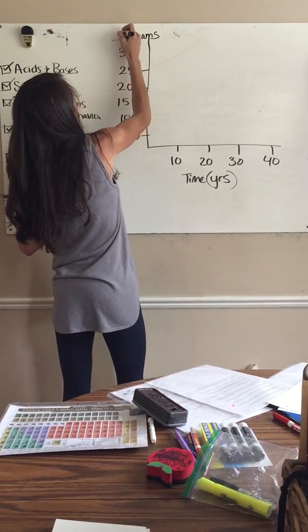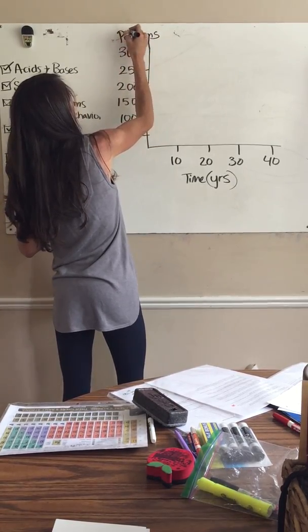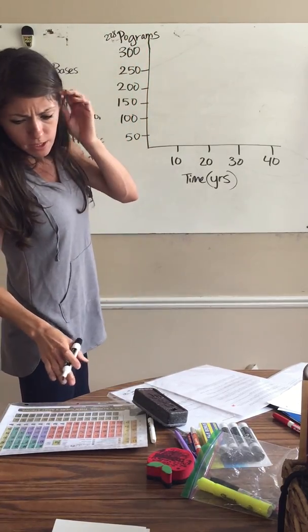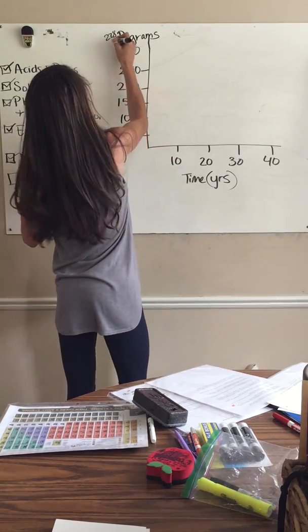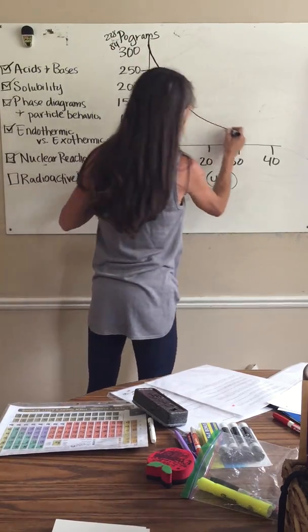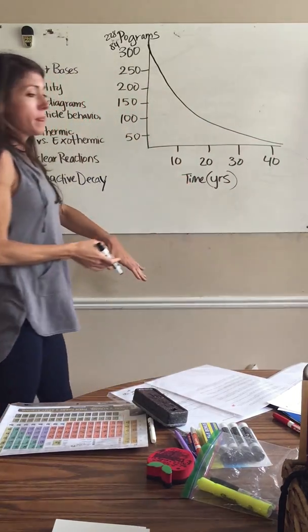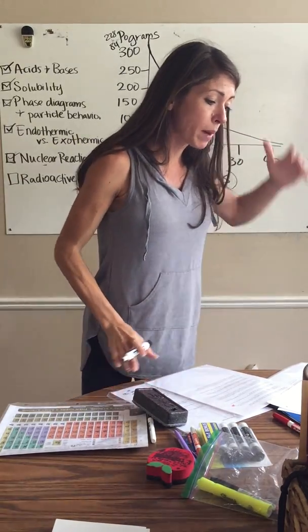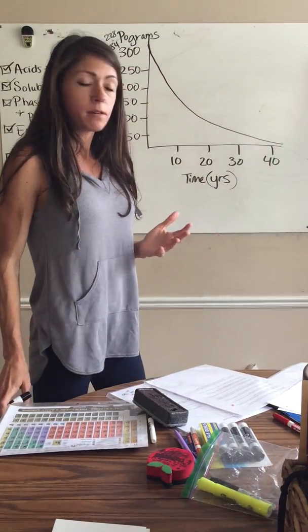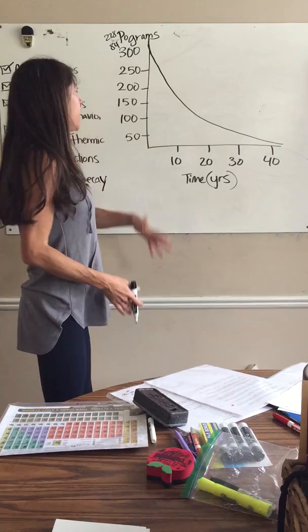And let's just say it's polonium-228, okay? So polonium-228 is what we're going to be looking at. And this is basically what its graph looks like, okay? And so the question could be, based on the graph, determine the half-life of polonium-228. How do you do that?